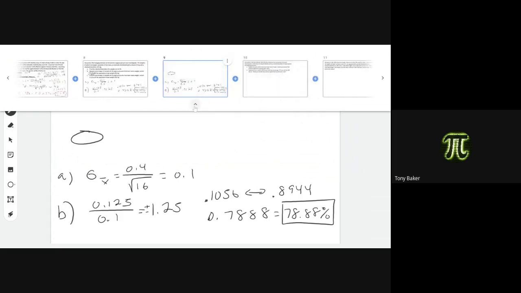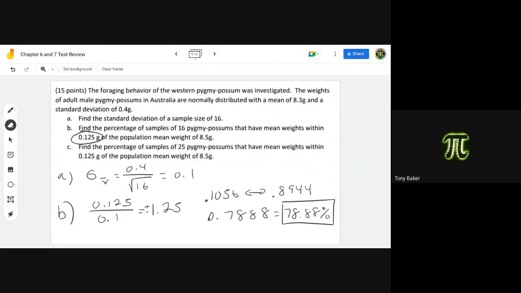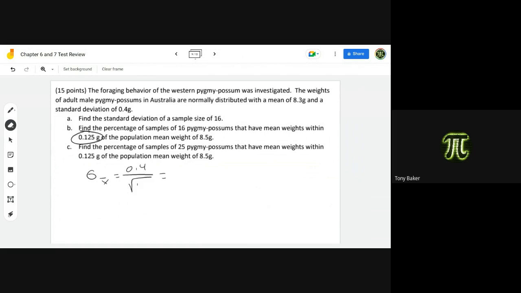We're just changing, instead of doing it out of 16, I'm doing it out of 25. So 0.4 divided by the square root of 25 is 0.08.